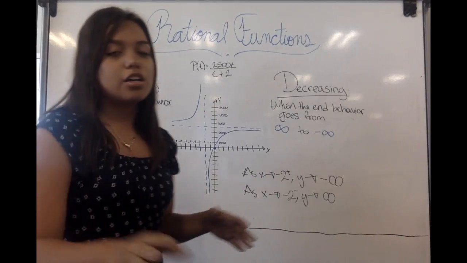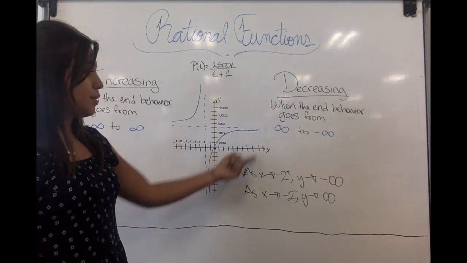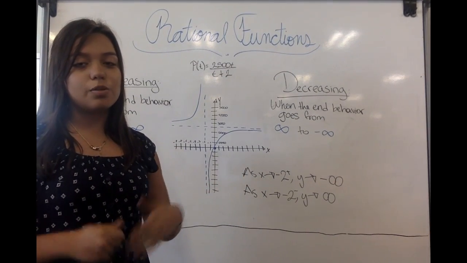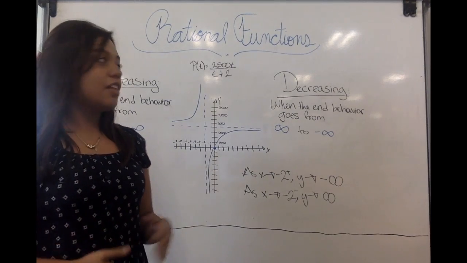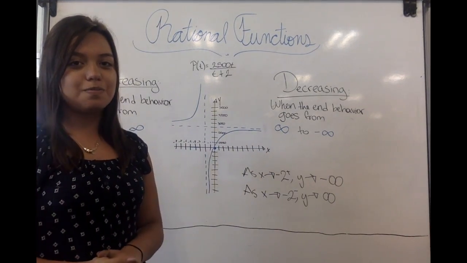Now, considering the context of the problem, we need to use only this part of the graph because the bunnies are reproducing, so they always increase the number of their population. They could not decrease because, well, it's not possible.